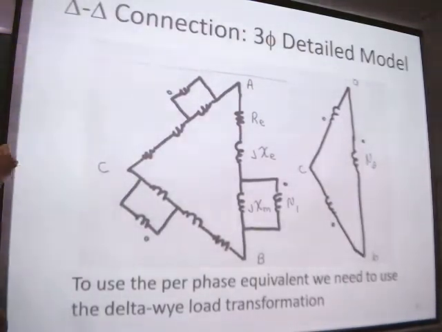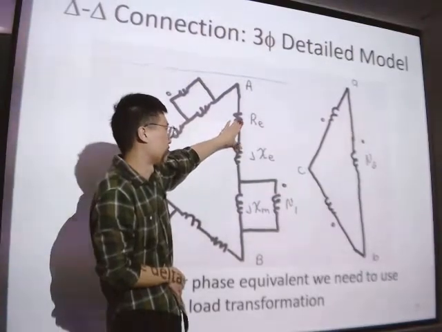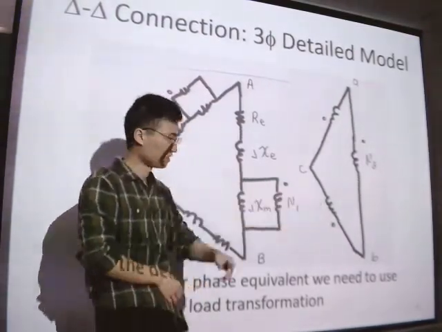Still, the equivalent internal models: impedance of the transmission line, impedance of the core, the winding.